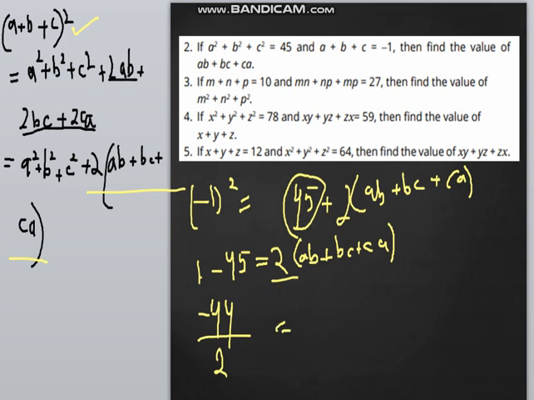Negative 44 divided by 2 is negative 22, which is the answer to our question.